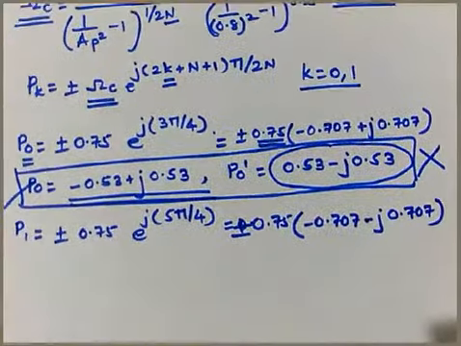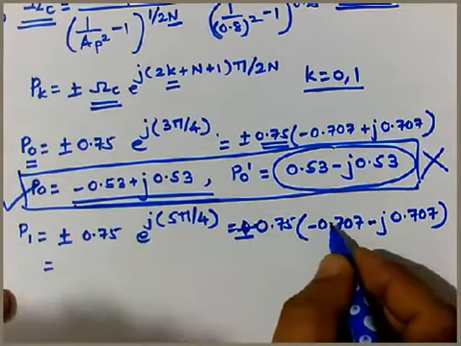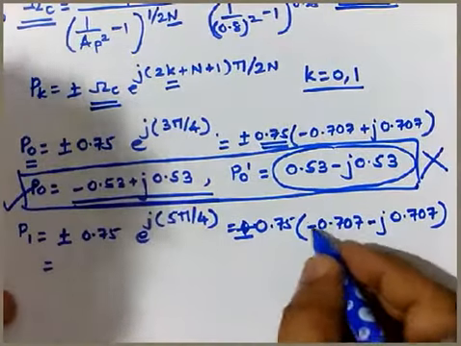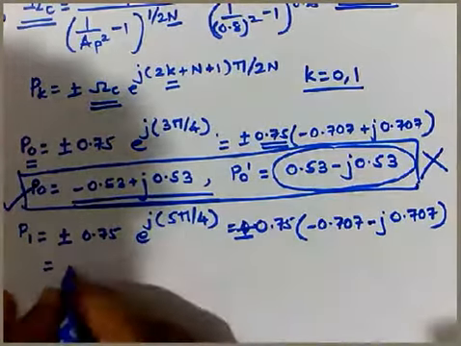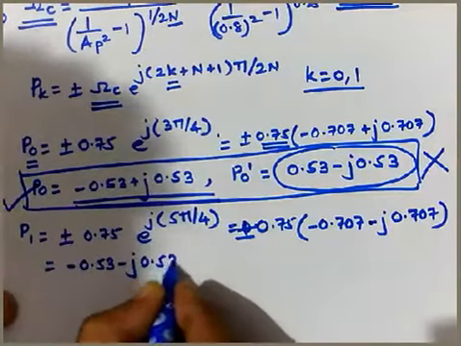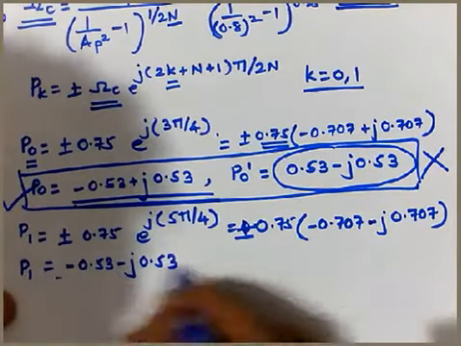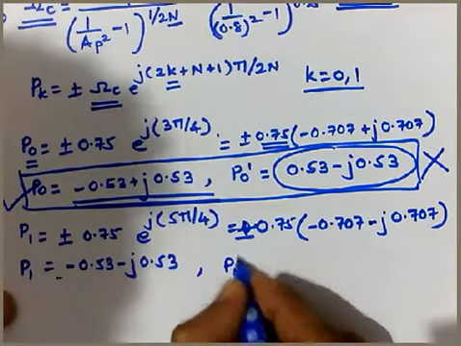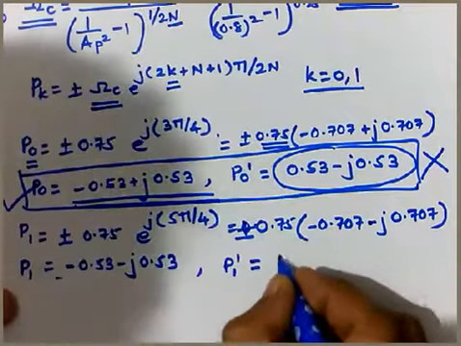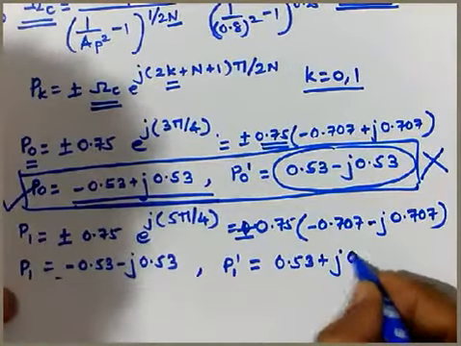Now once this is done, we can easily obtain it by multiplying with the inner term of the bracket. So it will be −0.53 − j 0.53. This is the first pole, P1, and the second pole is P1 dash, that is 0.53 + j 0.53.